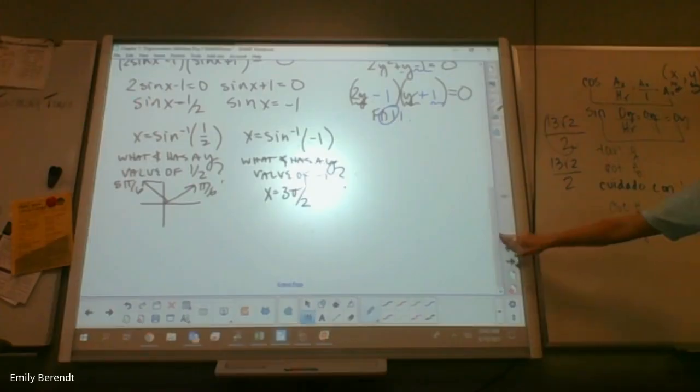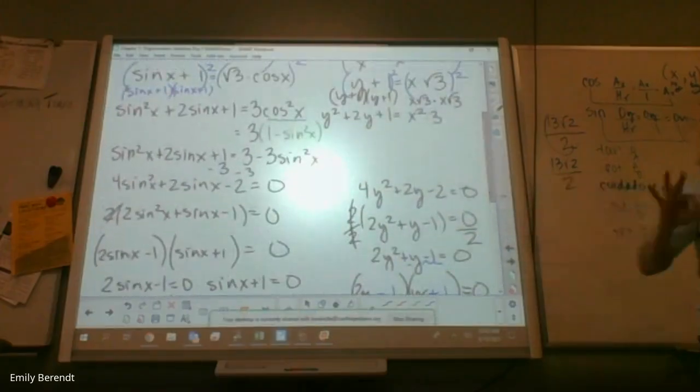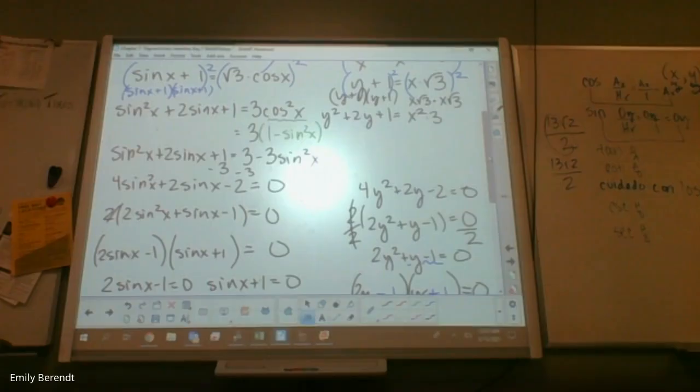The ones that have the potential to have extraneous solutions, okay? Extraneous literally means extra answers, right? It's when you increase the power of the problem from what it originally started as.